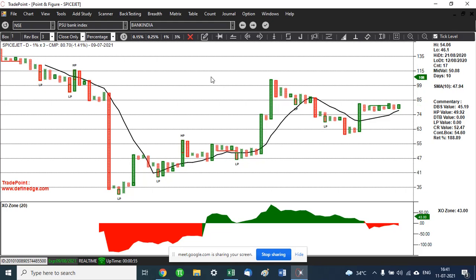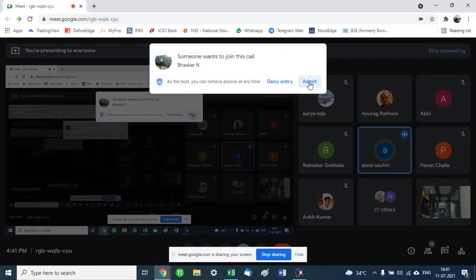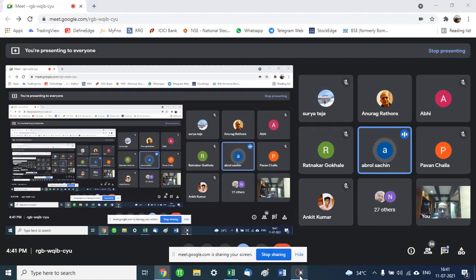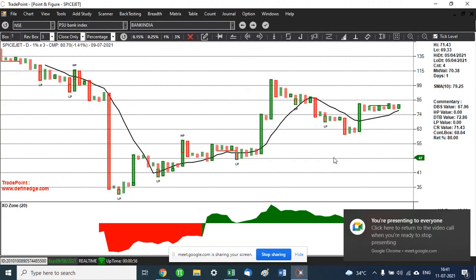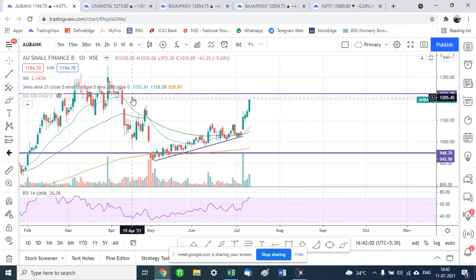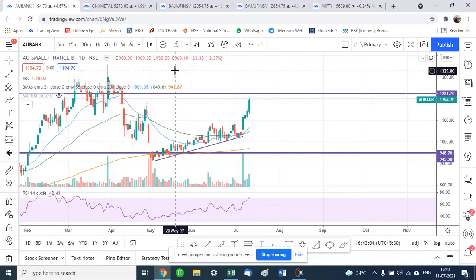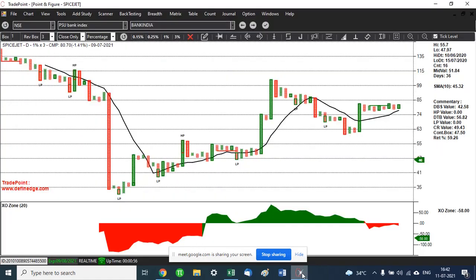So the reason why I asked this question is I wanted to correct my understanding. My thought process was that because volatility in mid and small caps is pretty high, that's why you go for 1% or 3%. Is it the right understanding? So actually it depends. See, if on the candlestick chart you are taking trades in mid caps using the monthly chart, then you can use 3% over here on point and figure.